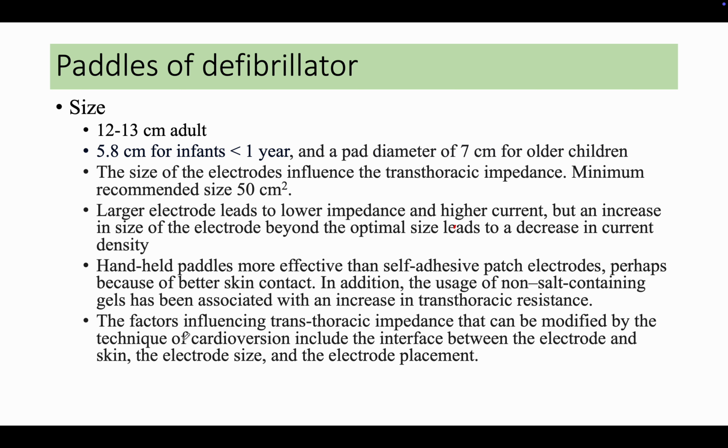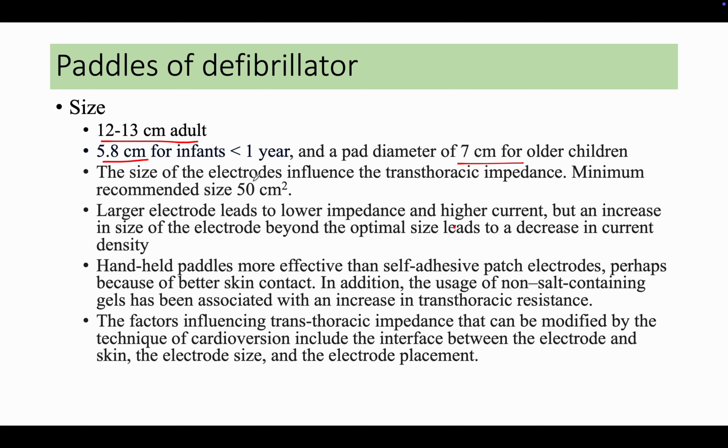Regarding the paddles of the defibrillator, as we know, we have two paddles, and they have different sizes. For adults it's 12 to 13 centimeters, for infants less than 1 year it's 5.8 centimeters, and the pad diameter is 7 centimeters for older children. The size of the electrode influences the transthoracic impedance, and the energy delivered mainly depends upon the transthoracic impedance.